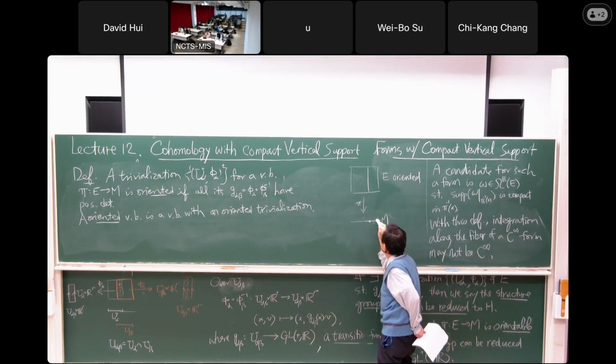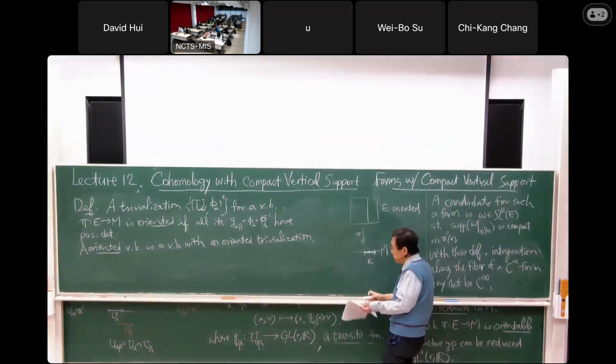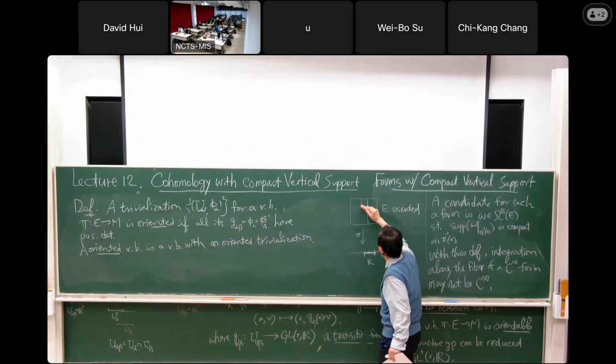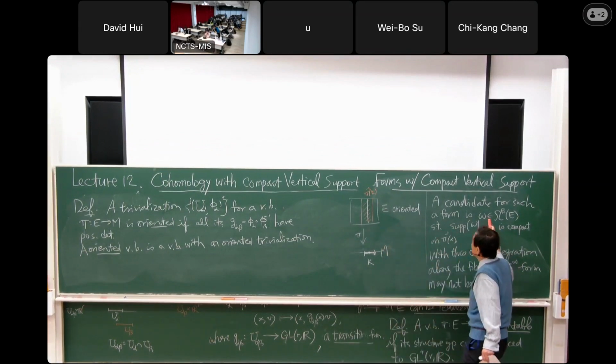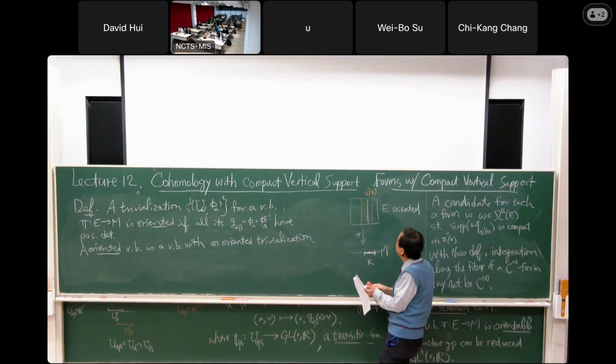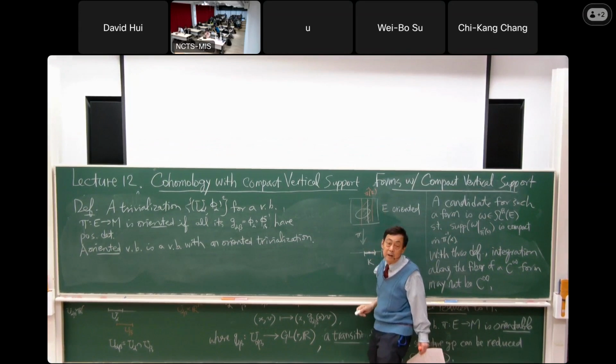And it turns out that a definition that would work is that whenever you take a compact set here, and you look at its inverse image, the support of omega intersected with this should be compact.